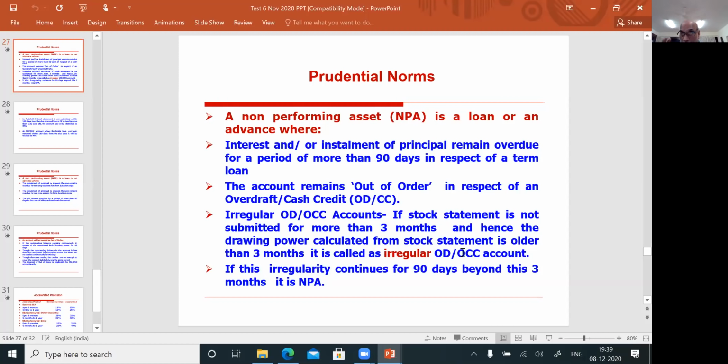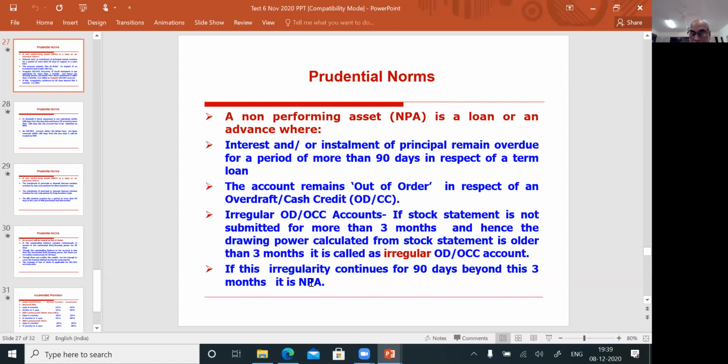You have to see that the stock statement is not submitted for more than 3 months from the due date. That is called irregular OD/OCC. It is not NPA. If irregular OD/OCC continues for another 3 months, 180 days from the due date should be completed. Then only it will be called an NPA account.